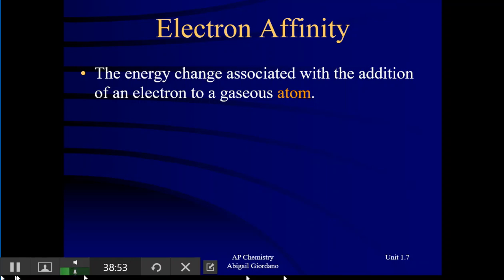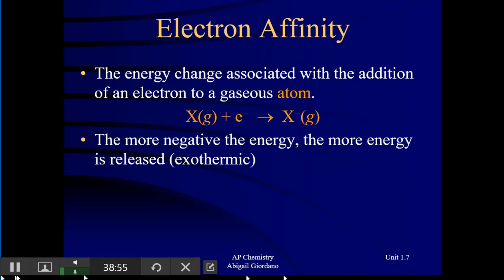An electron is added. And here's the deal. The more negative the energy, the more that is released, the more exothermic, the more negative an electron affinity value is. It's like that element really, I hate to say wants, but the more that element wants to gain an electron.